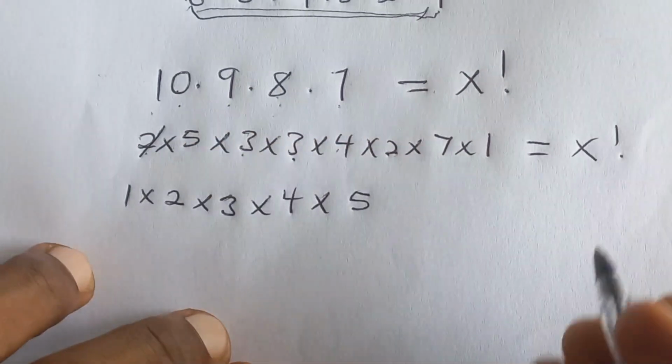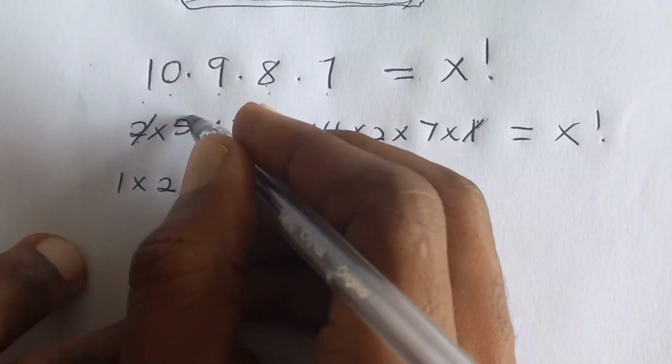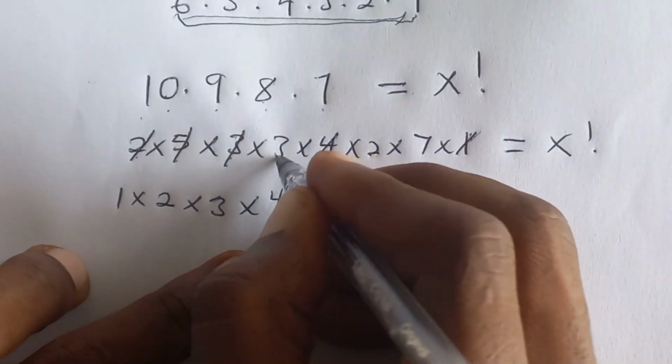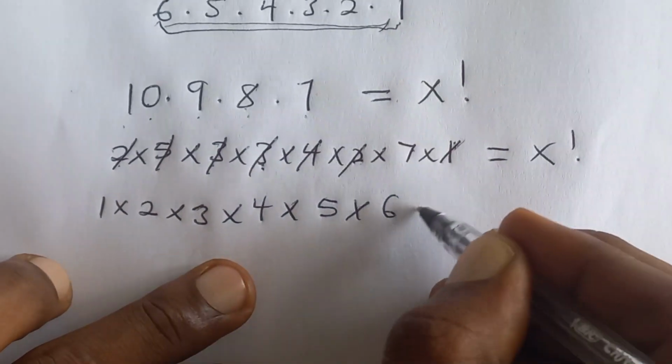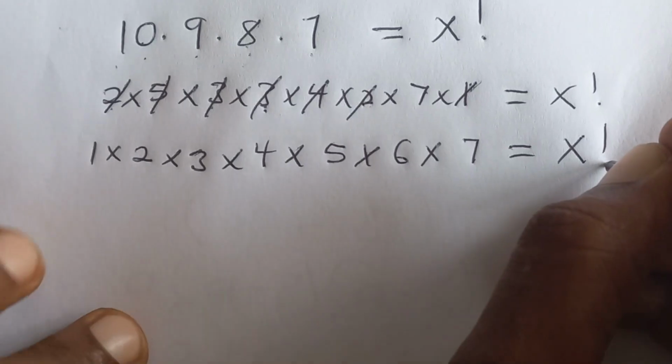So let's cancel so that we all see this. So 3 times 2, which is 6, then times our 7, and it's equal to x factorial.